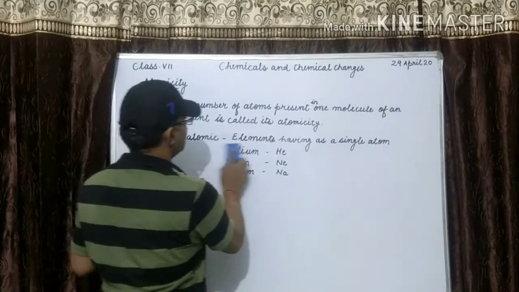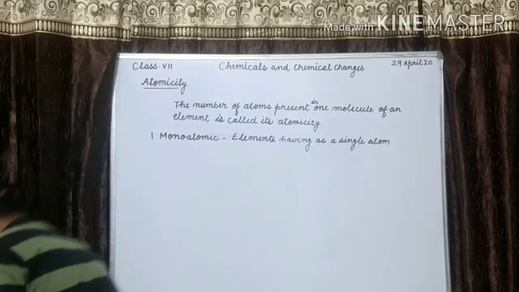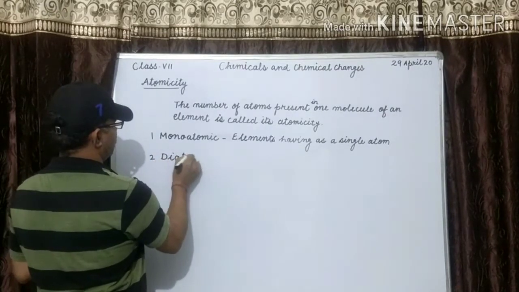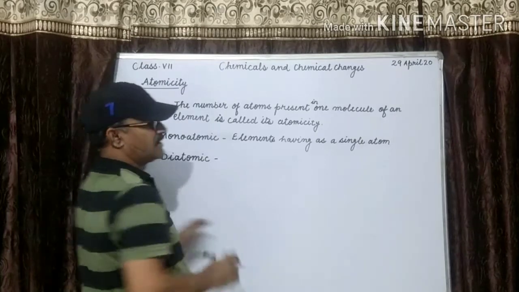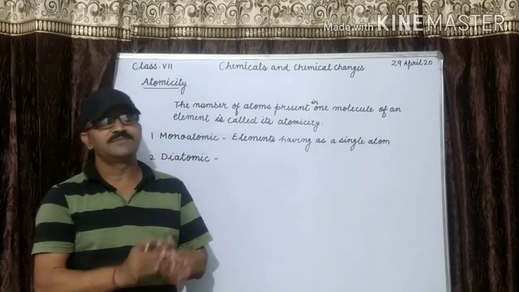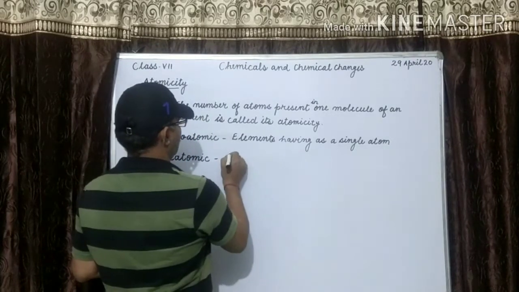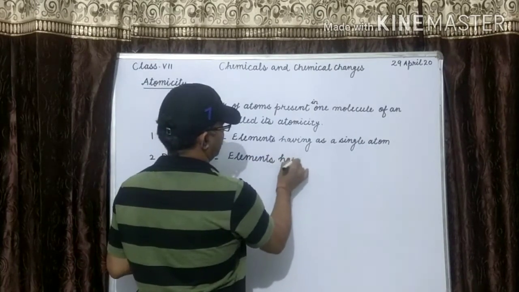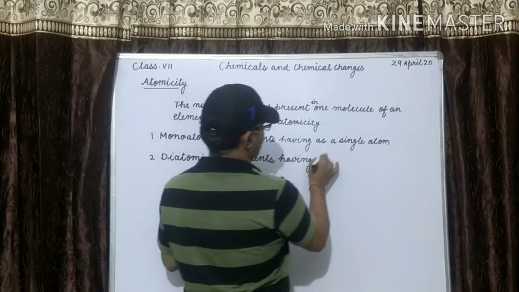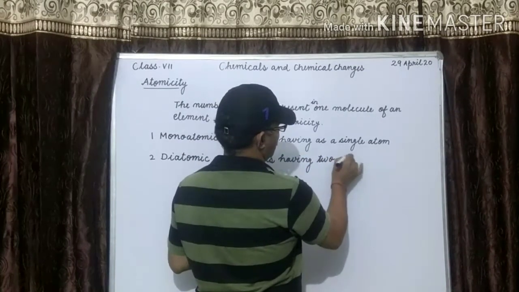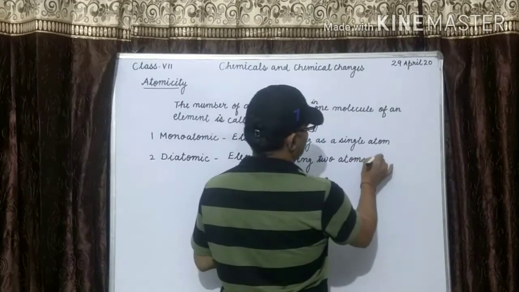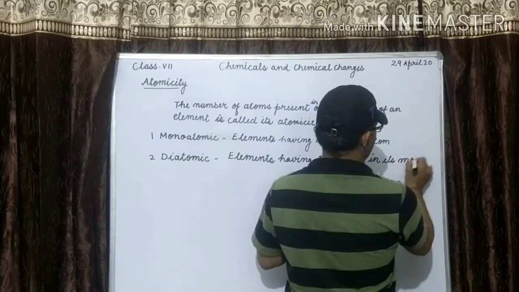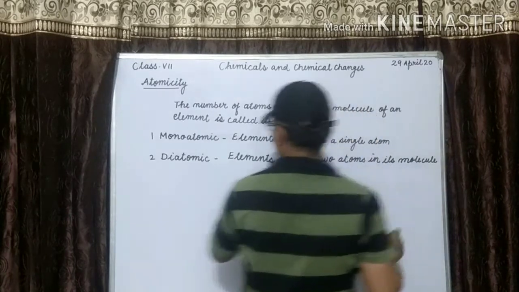Now second is diatomic. Diatomic elements have two atoms in their molecule. Elements having two atoms in their molecule are called diatomic.